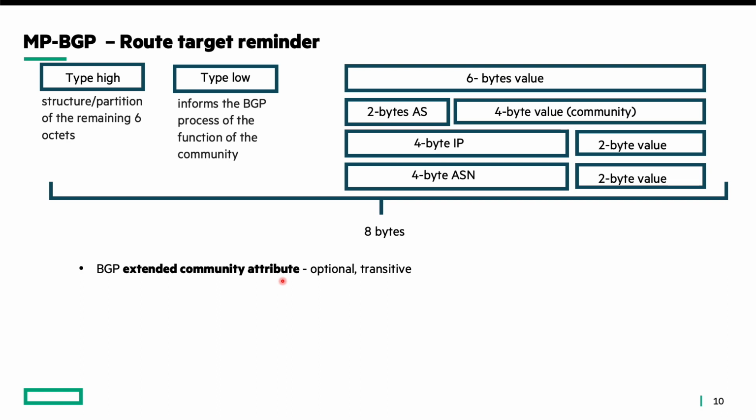It doesn't need to be added to the prefix, but it's transitive, so it can be sent to others. Usually you need to specify in the BGP configuration send-community extended to the BGP peer, so the peer can receive this RT information. The route target is really used to control the import and export of routes within the different VRFs.